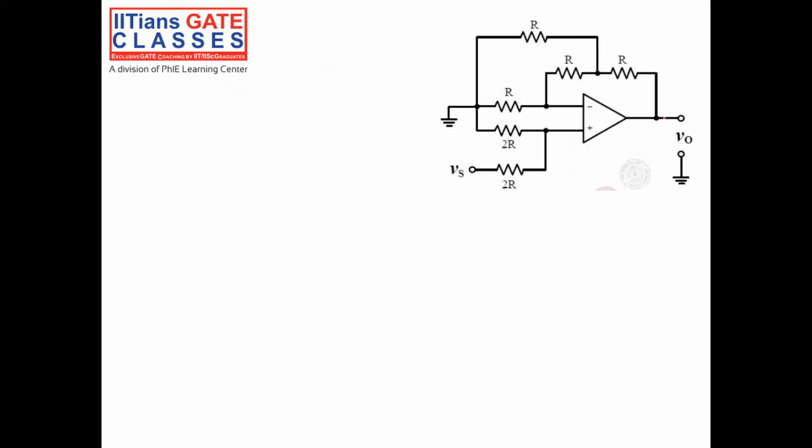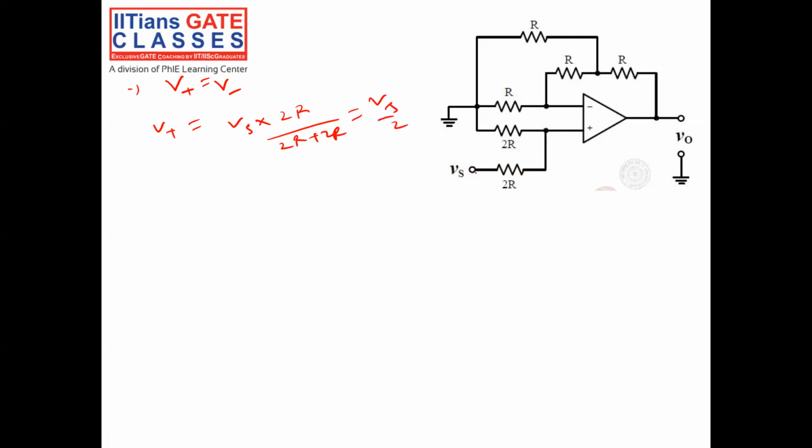Since the output is getting fed back to the inverting terminal, the op-amp is operating in negative feedback. Whenever an op-amp is operating in negative feedback, the potential at the positive terminal is equal to the potential at the negative terminal. Here Vs is exactly divided by 2, because V positive is equal to Vs into 2R divided by 2R plus 2R, which is Vs by 2.